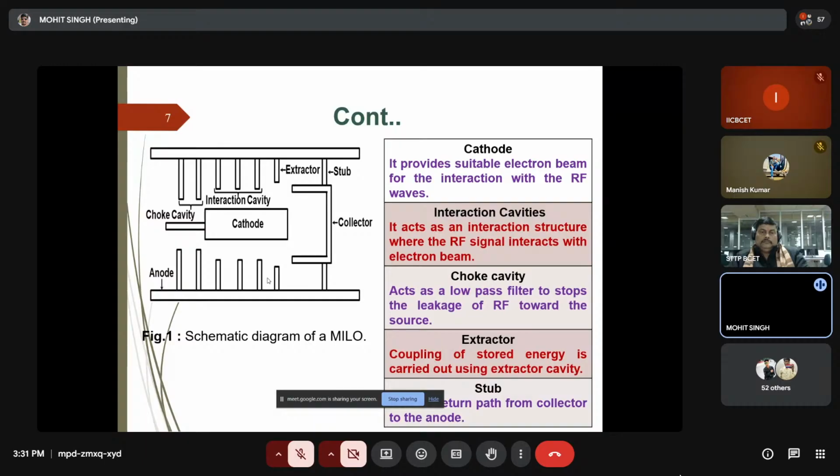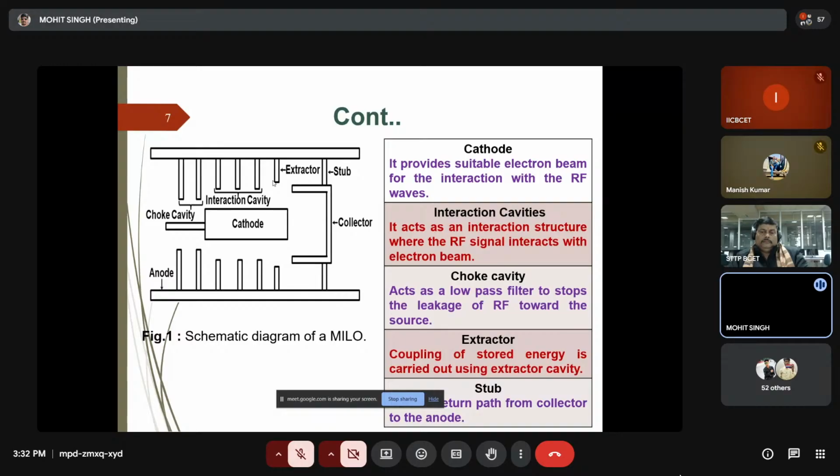In the upcoming slides, we will discuss this. You can see these discs are periodically spaced. At what period do we have to keep these discs? I can't keep them randomly. They are kept at some distance, they have some thickness, and they have some depth. All these parameters are used.